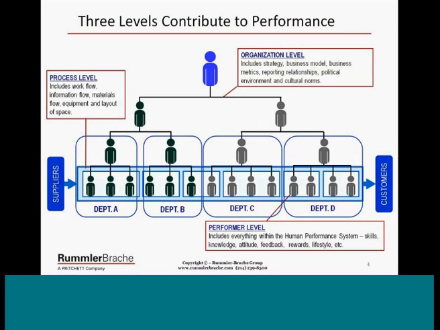And finally, of course, there's the performer level, or people level. Ultimately, when you make a change to process or organization, you're impacting that person. So it's one thing to be able to model a process or design a new process, but at the end of the day, we're also going to have to understand how people are impacted by that.